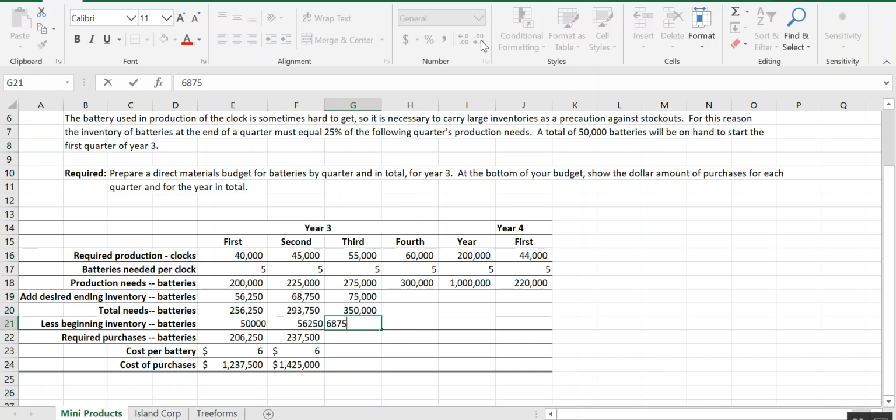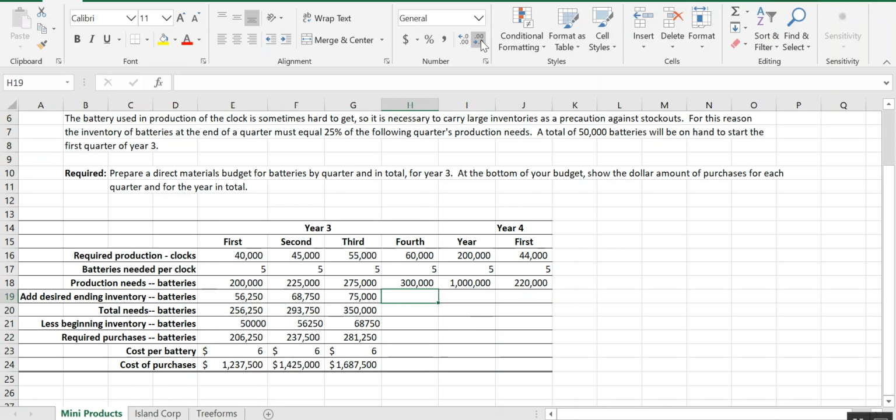That's the beginning inventory, and that gives us the total required purchases in the third quarter of 250, and that means we have $1,687,500 as the cost of those purchases.